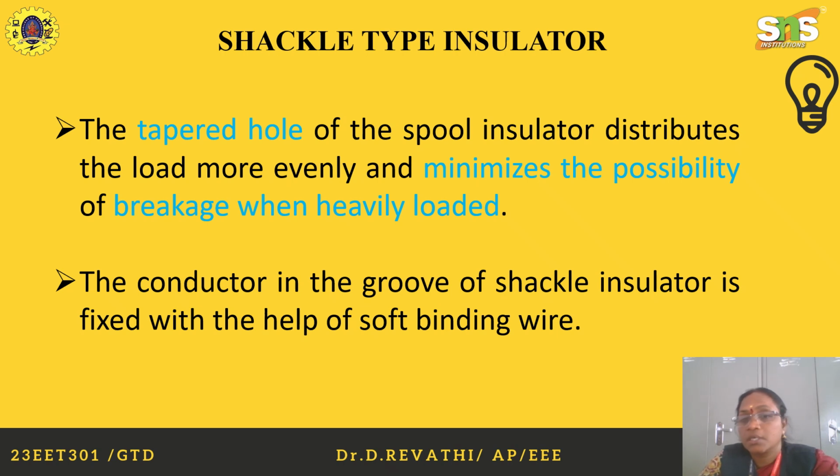It minimizes the possibility of breakage when heavily loaded. So why? Because there is a tapered hole in the insulator, breakage is avoided when heavily loaded. Keep in your mind, this is the main point about the shackle insulator.